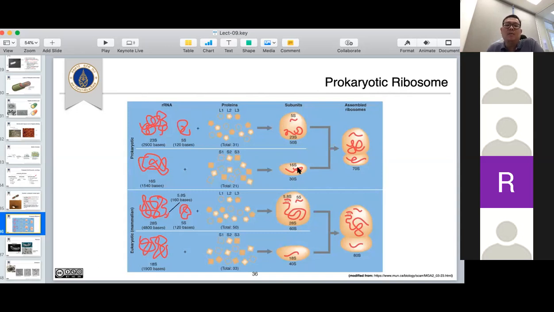The unit determines the buoyancy of a molecule in cesium chloride. The large subunit comprises two different rRNAs, 5S and 23S. The large 50S and small 30S together form 70S. Okay, this is bacteria, right?